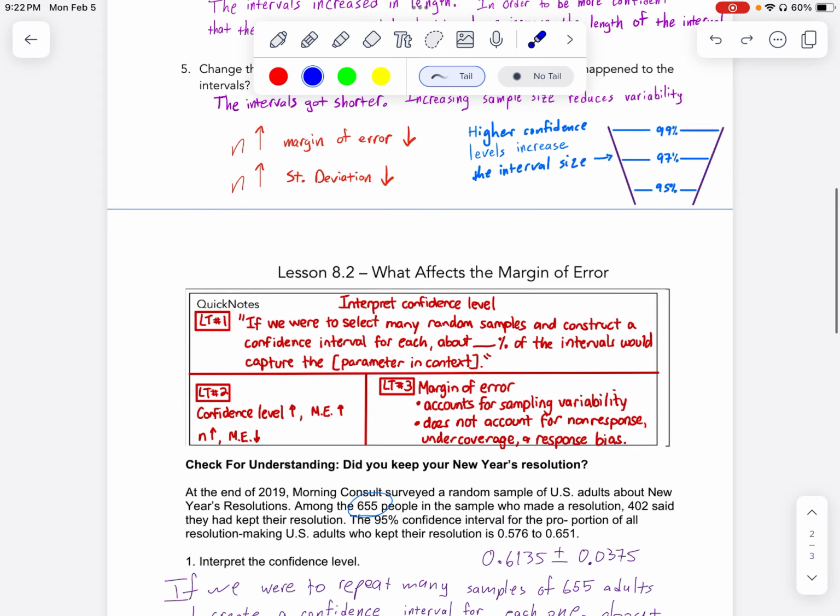That is interpreting the confidence level. If we were to make many random samples and construct intervals for each one, about blank percent of the intervals would capture the parameter. 95% is the most common, but you can really make any percent that you want.